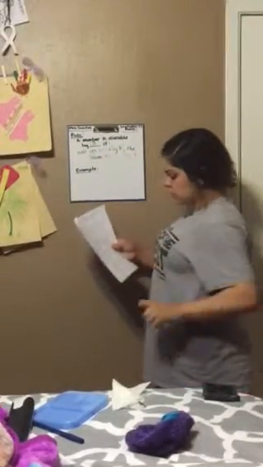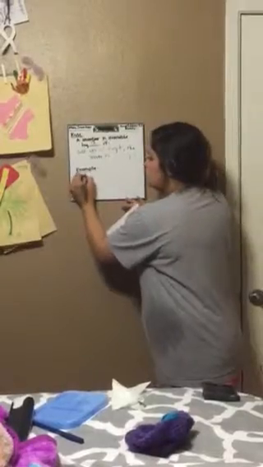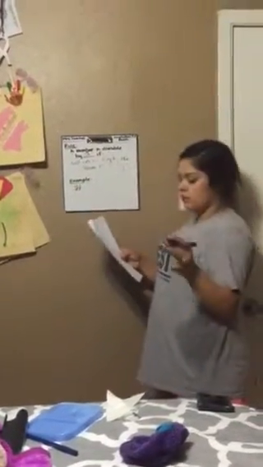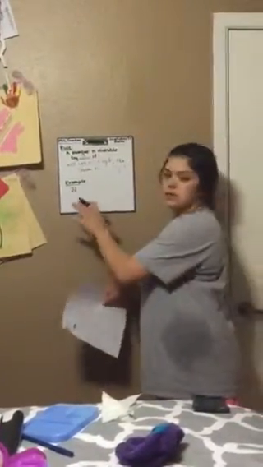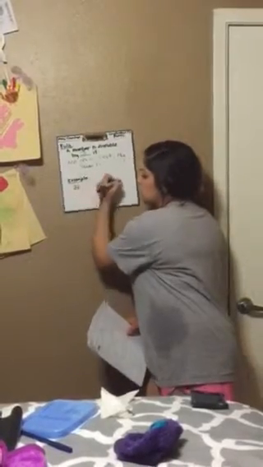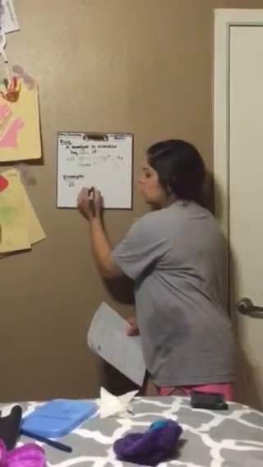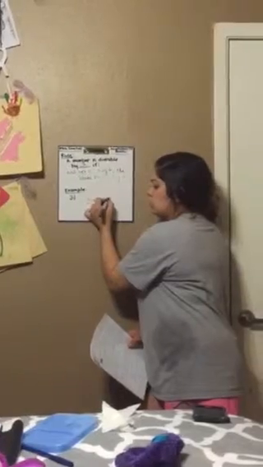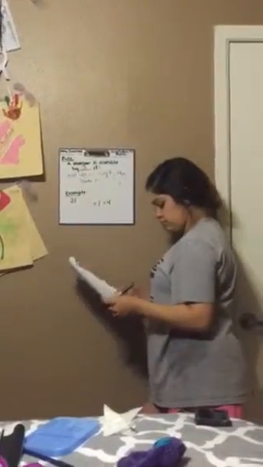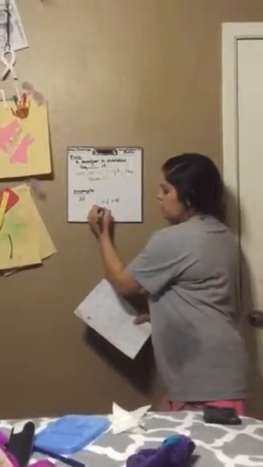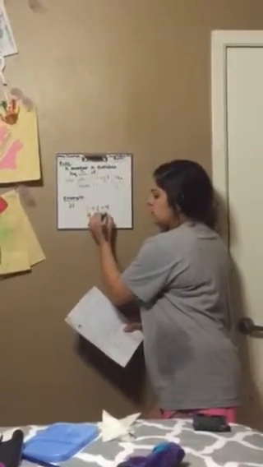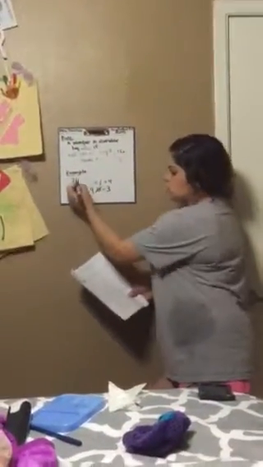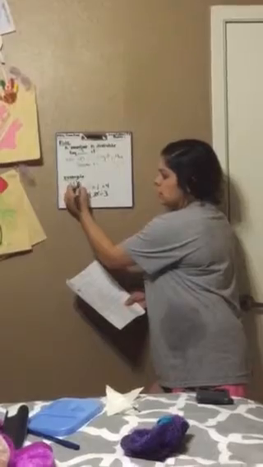So an example of this would be 31. To find out if 31 is divisible by 3, we have to add up the sum of the digits. So 3 plus 1 equals 4. 4 is not divisible by 3. So 31 is not divisible by 3.